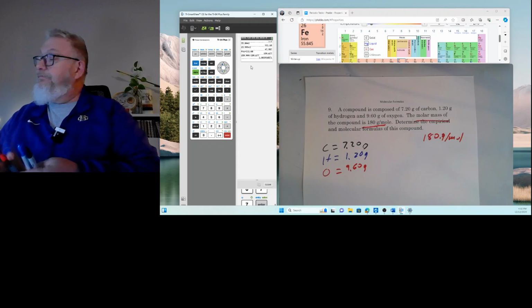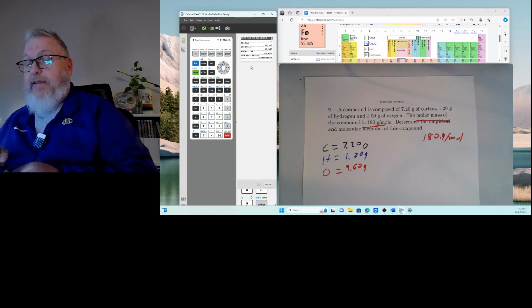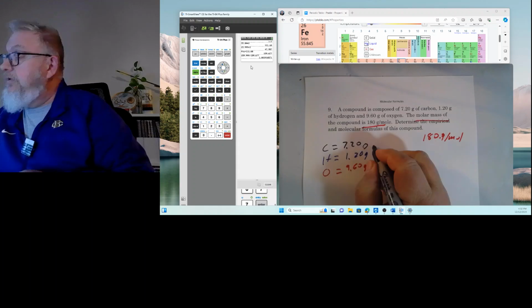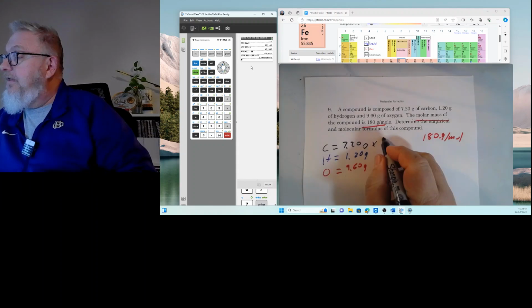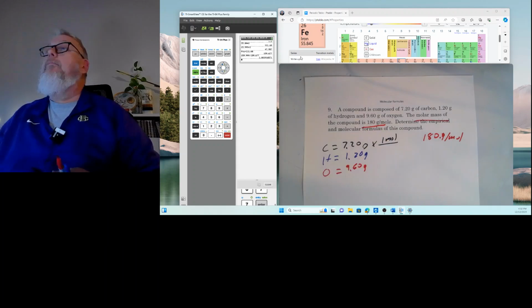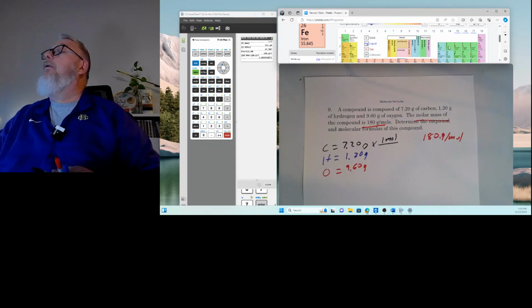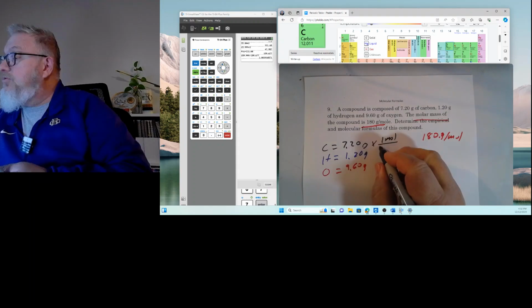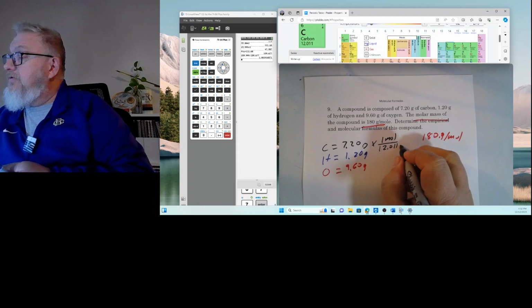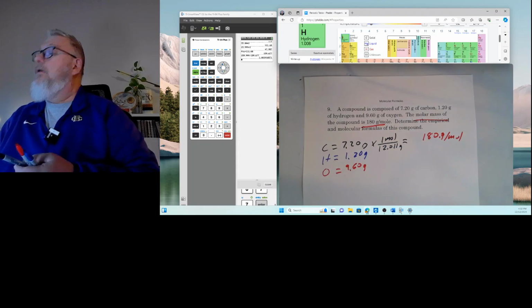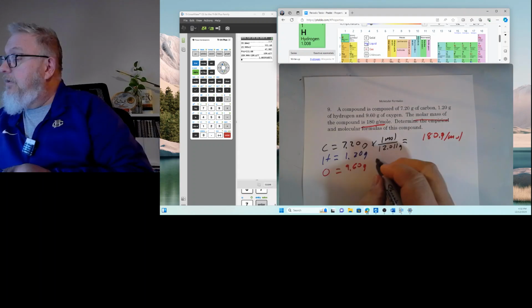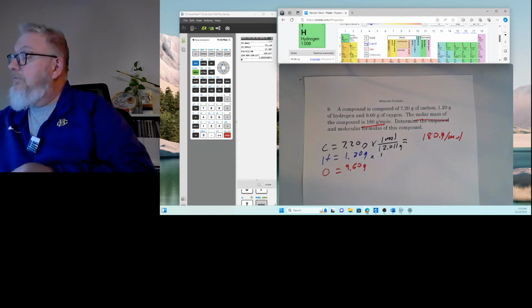So how do we do the empirical formula? We've got to get things to moles. So I've got to more or less divide my mass of carbon by the molar mass of carbon. And if you look right there, it's 12.011 grams for every 1 mole. Hydrogen is 1.008 grams per mole on this periodic table. Oh, my fault.